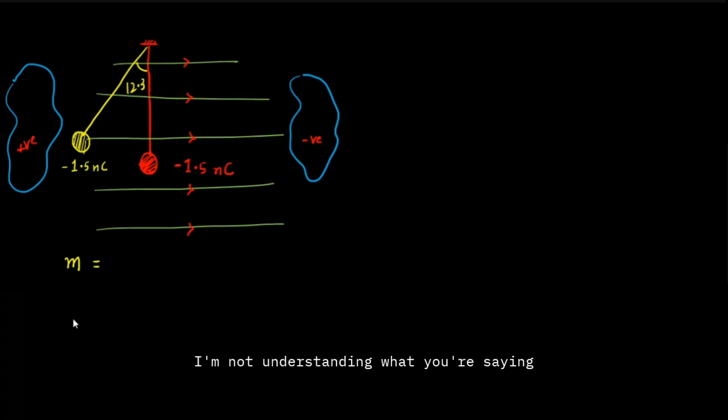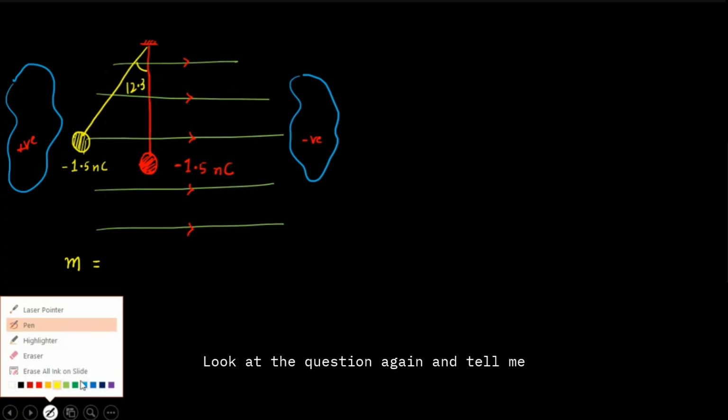I'm not understanding what you're saying. I am saying, what is the mass of that pith ball? Just look at the question and tell me the mass. Okay, negative 1.5 nanonewtons. 1.5 nanocoulombs. Mass cannot be negative. Look at the question again and tell me.